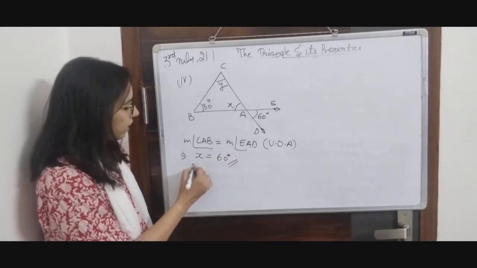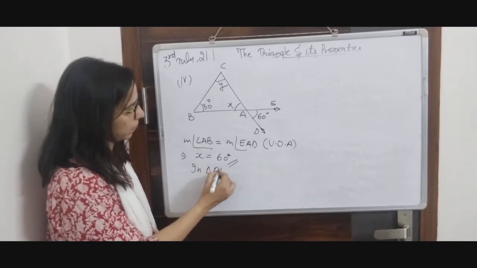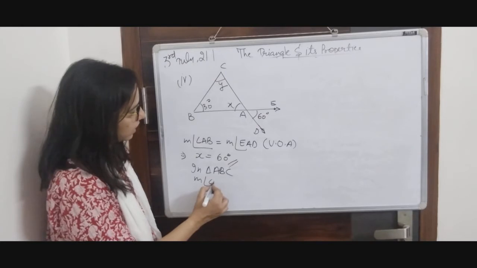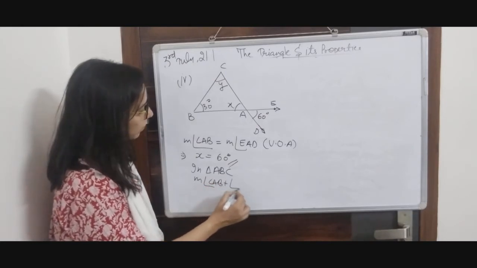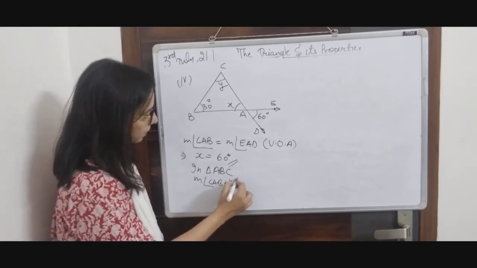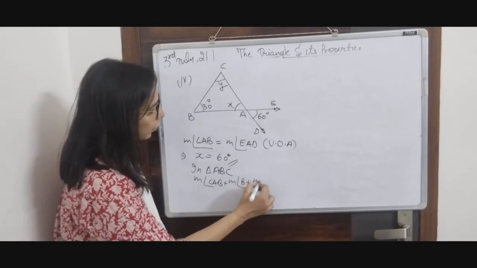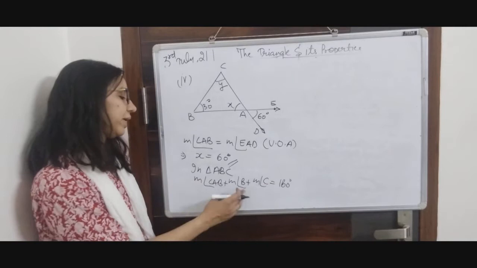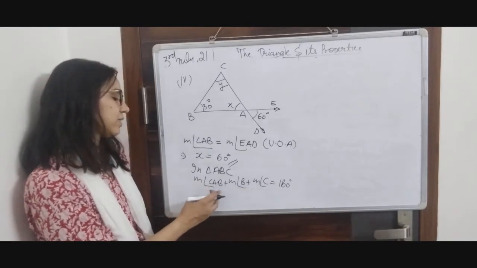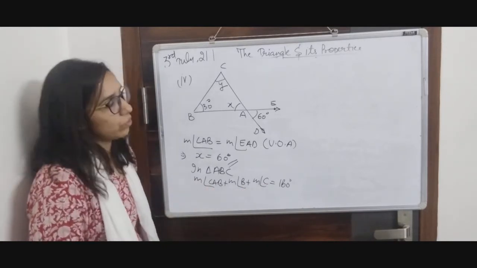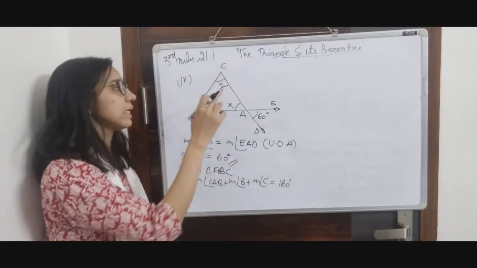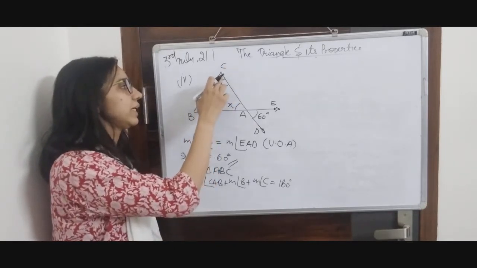Now in triangle ABC, measure of angle CAB plus measure of angle B plus measure of angle C is equal to 180 degree. Now sometimes we are writing it as B, sometimes we are writing the angles as CAB. Why are we doing that? Angle C is unambiguous. When we are talking about angle C, we know that there is only one angle, that is this one.